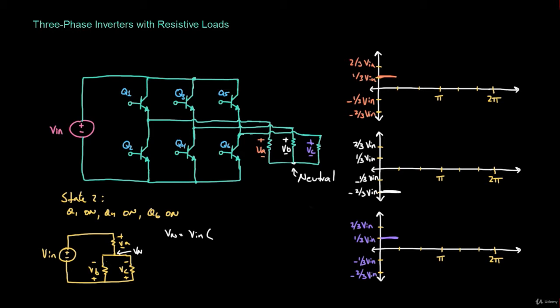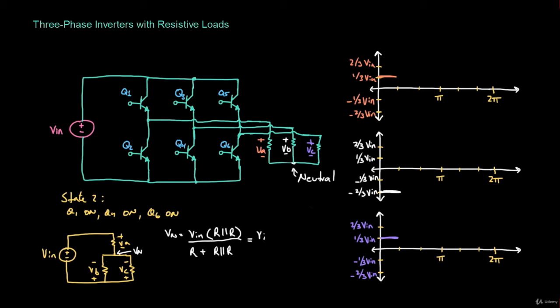So I'm just going to write down R from now on. So Vn times R in parallel with another R, these two being RB and RC, over the sum of all of them, which would be R, this being RA, plus the parallel of RB and RC.